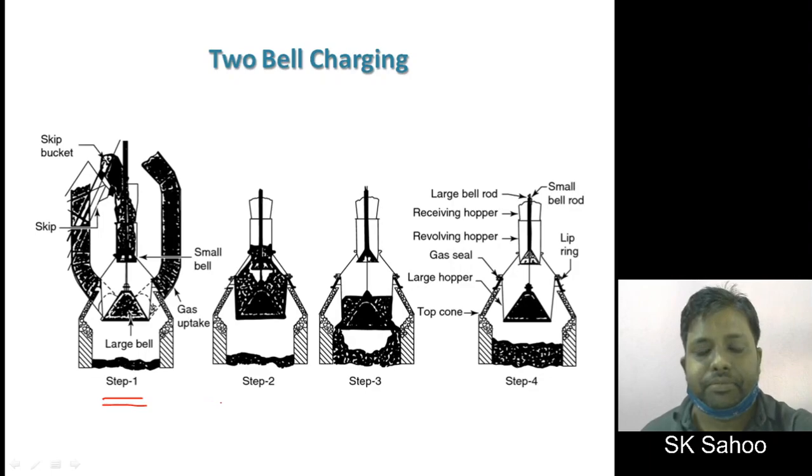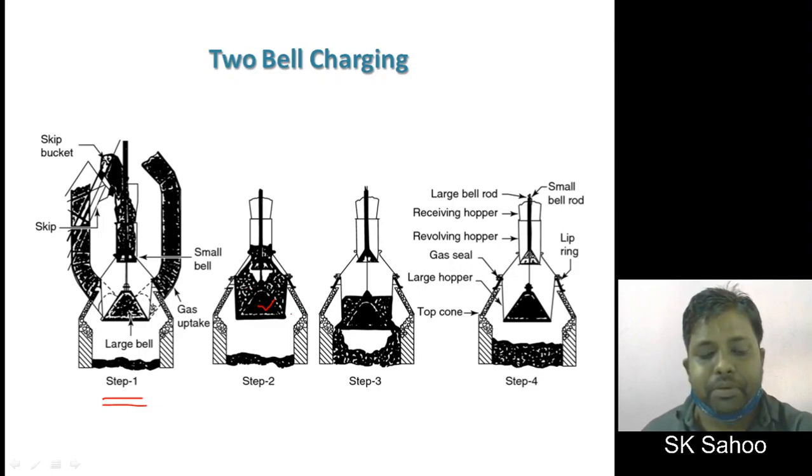Second step, the large bell remains closed, but the small bell opens to admit charge to the large bell hopper. That means the large bell hopper is the volume above the large bell. This is called a large bell hopper.